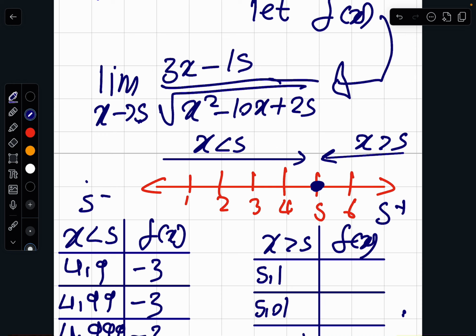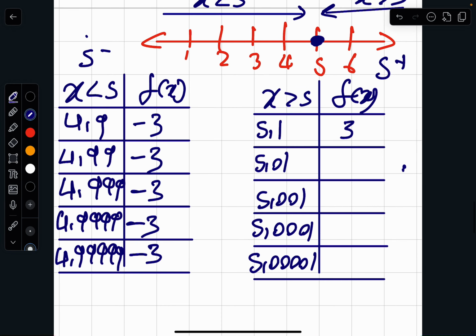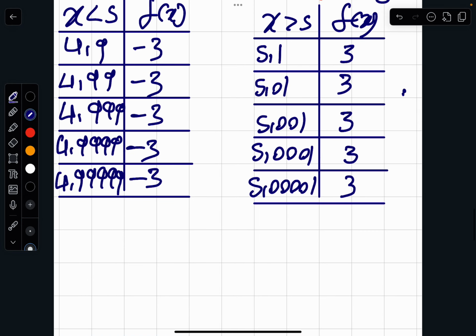Then you're going to get your answer as 3. Then you are going to substitute 5.001. Don't be lazy. It's 3. You are going to substitute another value, 5.0001, and it's 3. So 3 is all over. Then now you have to conclude.